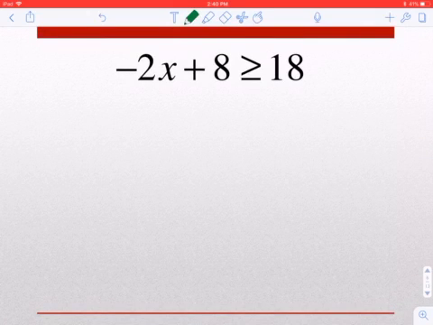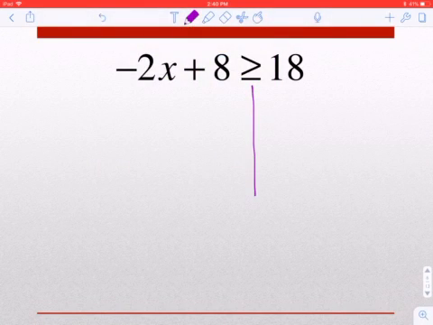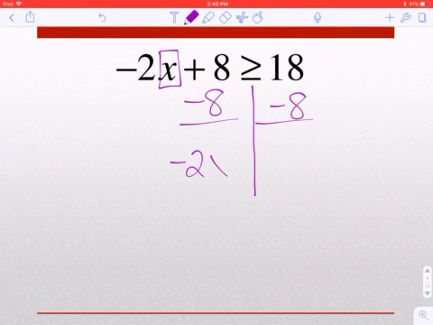Our next example is negative 2x plus 8 is greater than or equal to 18. So you can draw on your algebra wall, and again, your goal is to get x by itself. So to move over the plus 8, the opposite is to subtract 8. And this becomes negative 2x, and on the right, 18 minus 8 is 10.